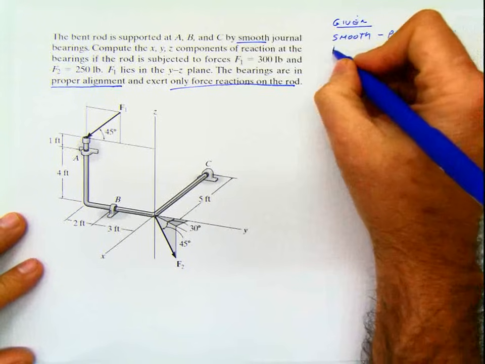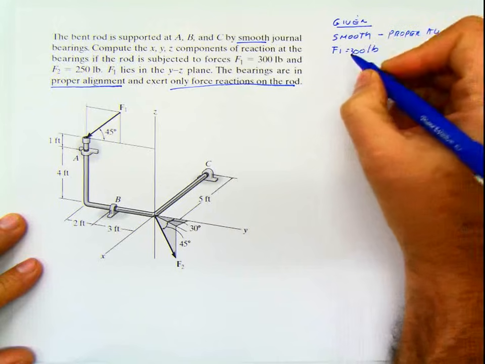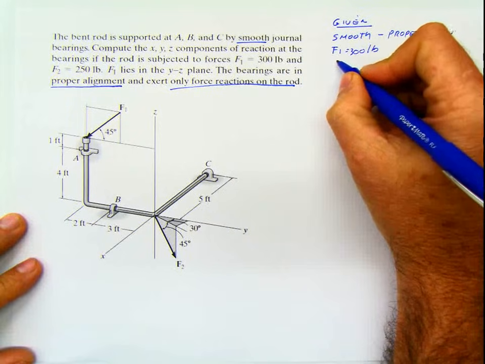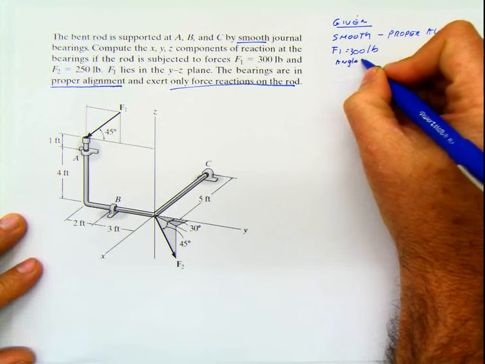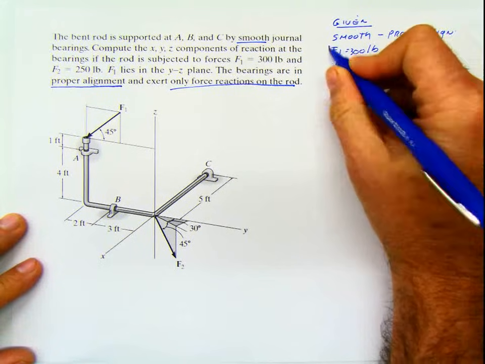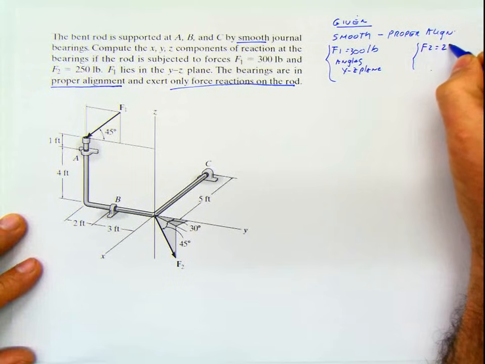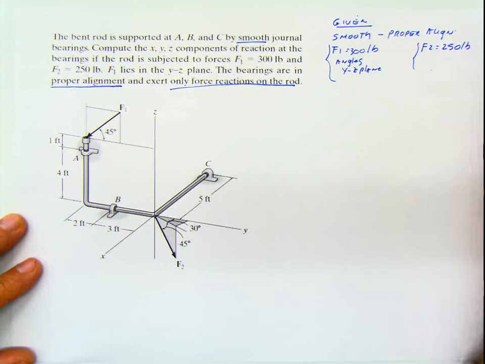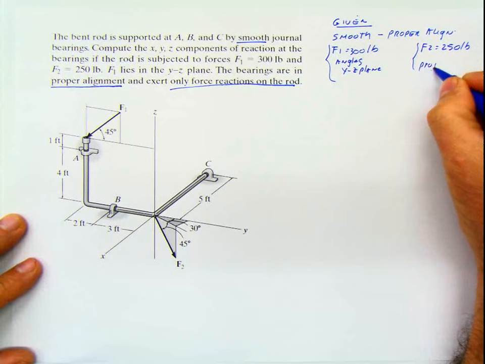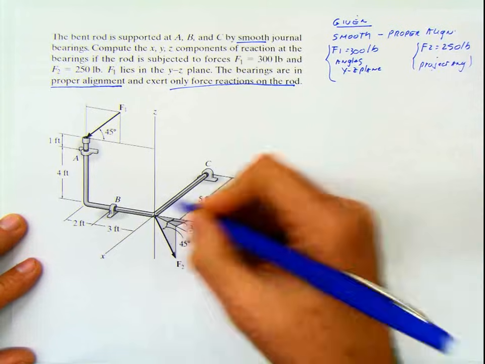What else do we know? We know that F1 is 300 pounds, and we have the angles in the YZ plane. And we know also that F2 is 250 pounds, and we know the projection angles, which are these angles here.